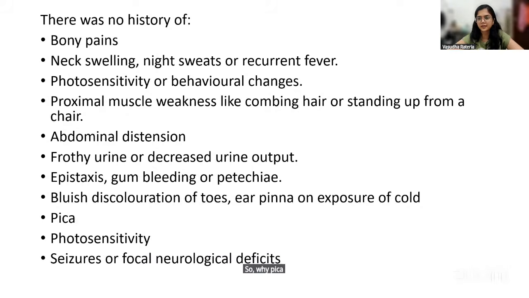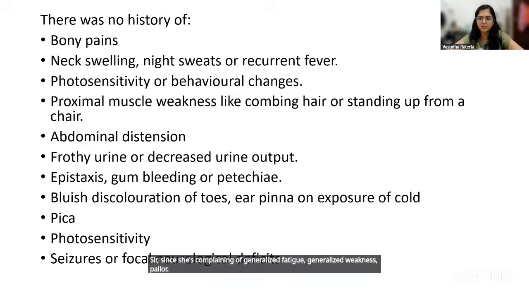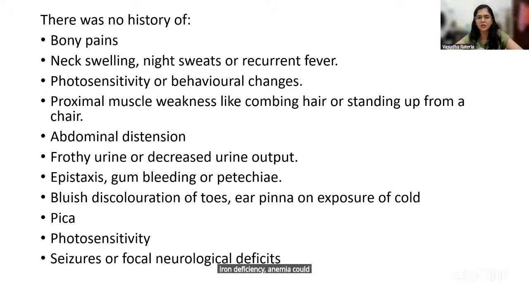Sir, since she's complaining of generalized fatigue, generalized weakness, pallor, I was thinking of worm infestation. Iron deficiency anemia could be the cause for a lot of the presenting complaints. So that is why I would think of it.